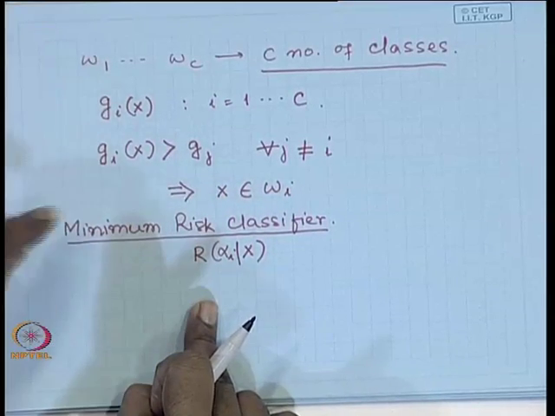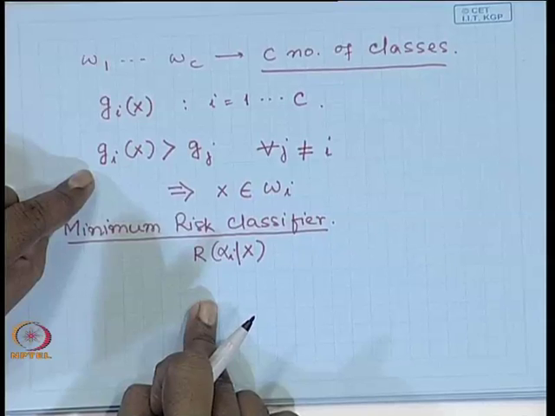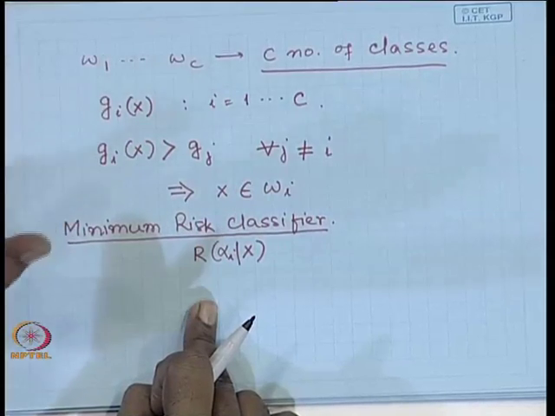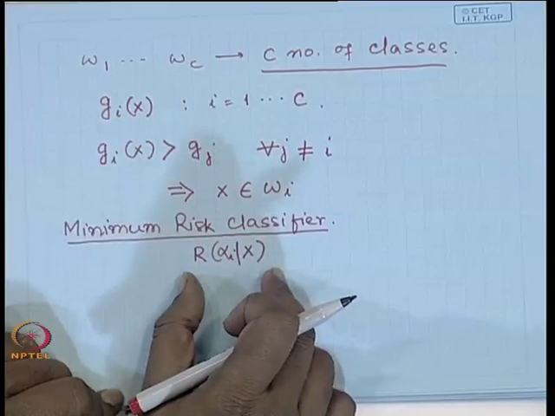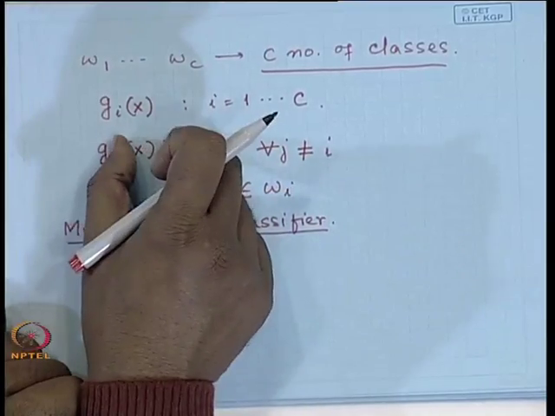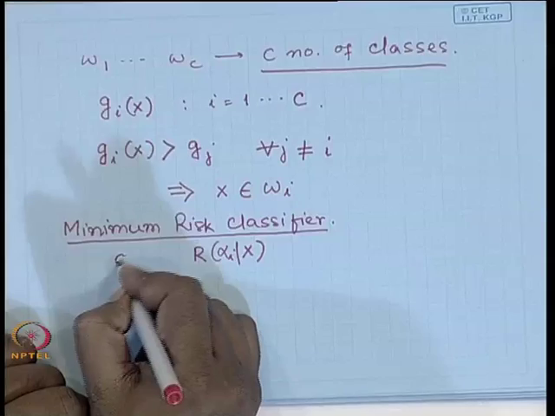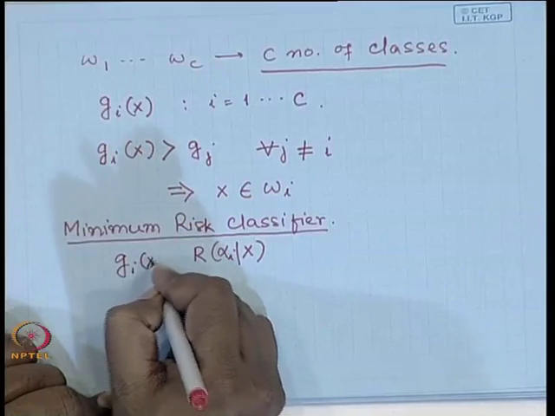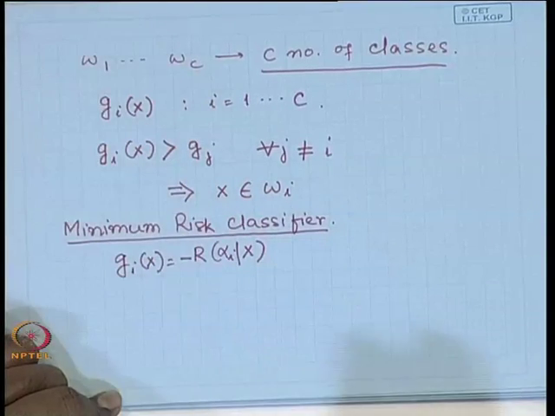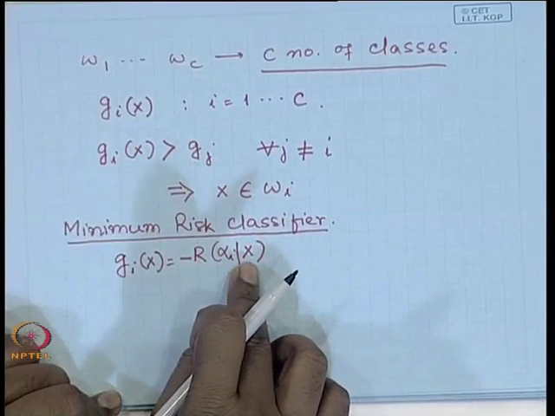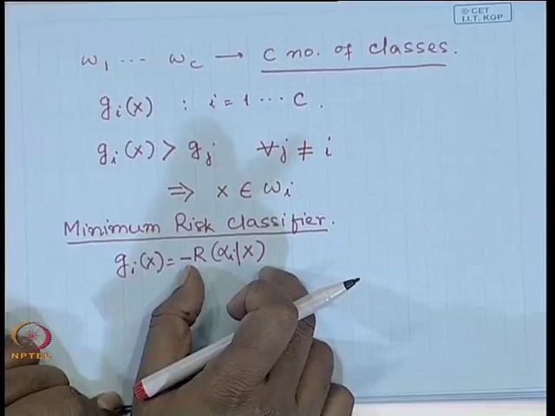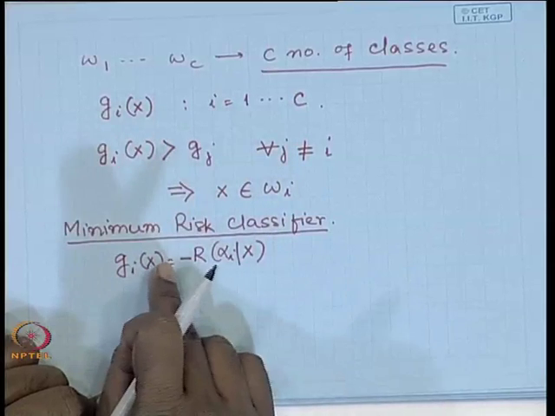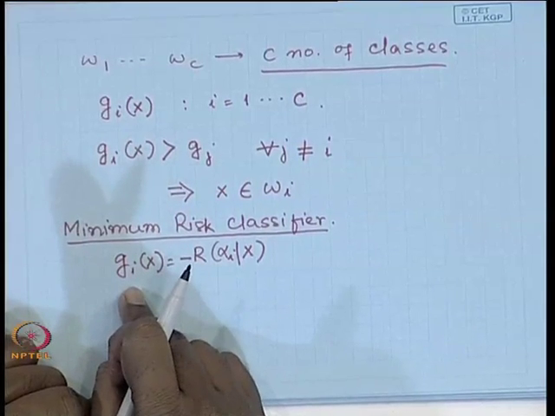But in terms of the discriminant function g i x, the value has to be maximum. So, to relate the risk function with the discriminant function, I make g i x the negative of R of alpha i given x, because whenever R of alpha i given x is minimum, by negating it g i x becomes maximum.